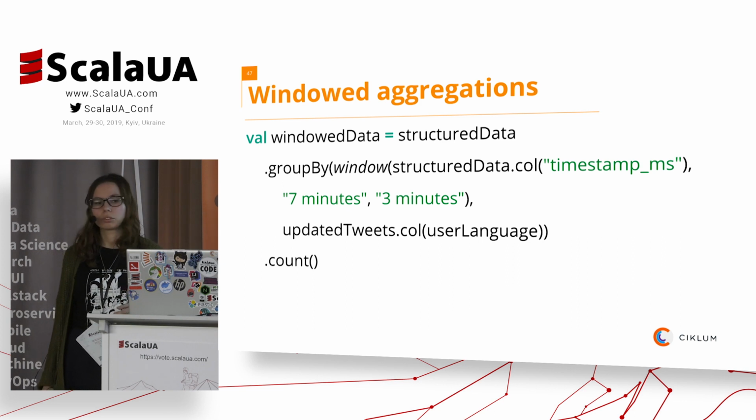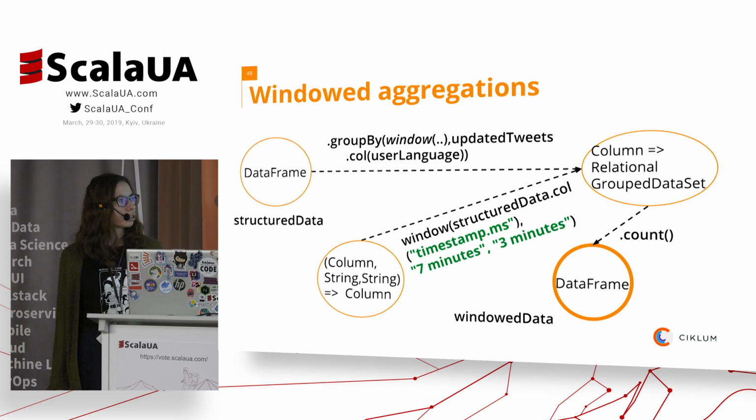Also, we can perform windowed aggregations. This is how it looks for structured streaming. We simply run the same group by and count, but in the middle of that, we need to provide this window method. If you just follow the first and the last arrows, you would see that we run group by, we provide some window, and for now we just submit what's inside of this method call, and provide a column.